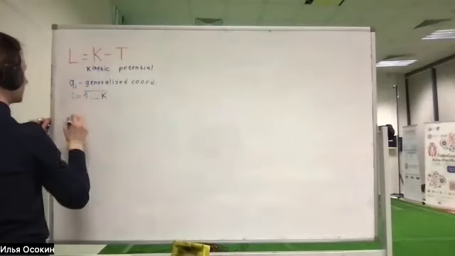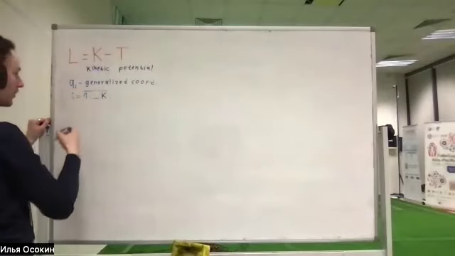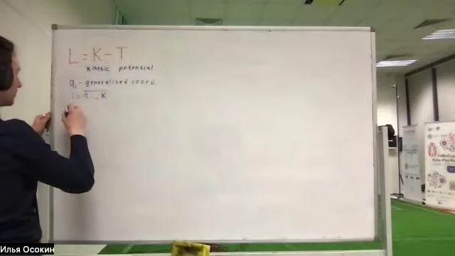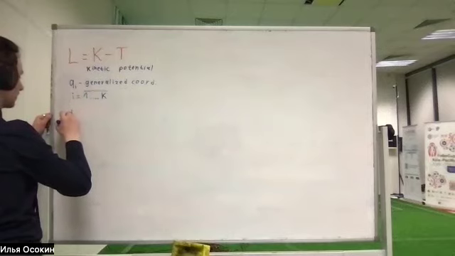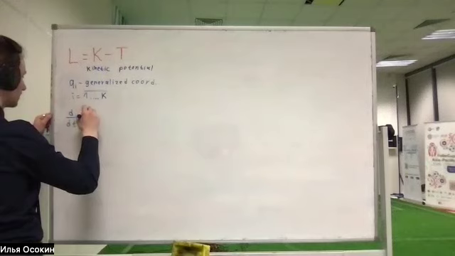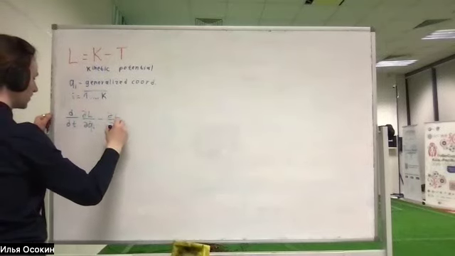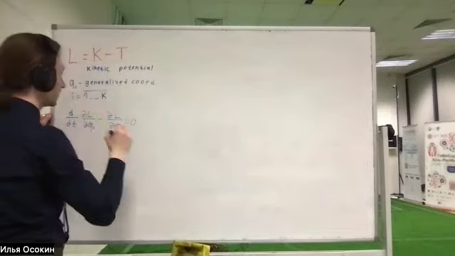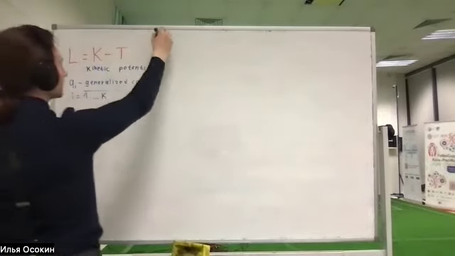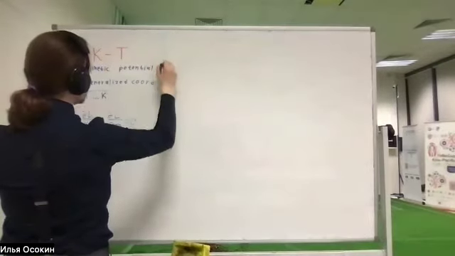I'm going to denote it like this. And for each of the generalized coordinates, the following is going to hold: d/dt of the partial of L with respect to q sub i dot, minus the partial of L with respect to q sub i, is equal to 0. So this is the general stuff.